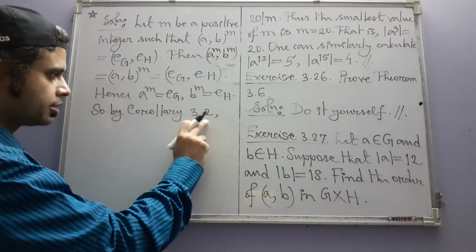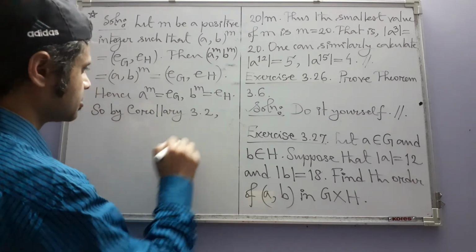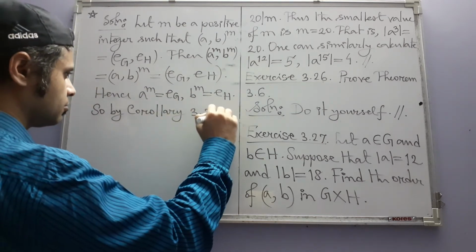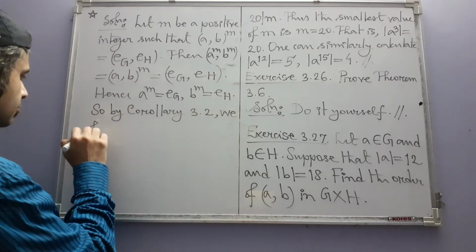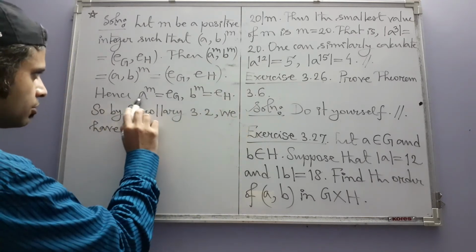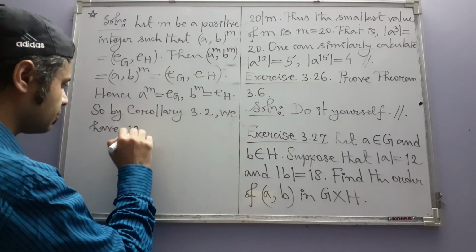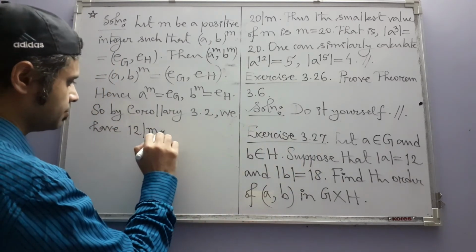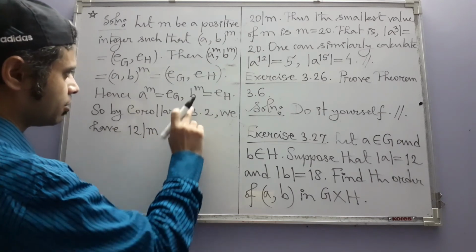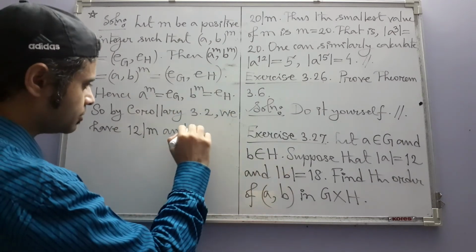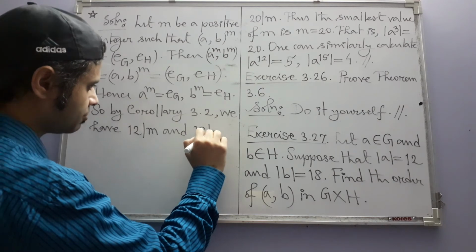That's what part 1 of this corollary says. So the order of A is given to be 12, so 12 has to divide M. Similarly, the order of B is given to be 18, so 18 has to also divide M.